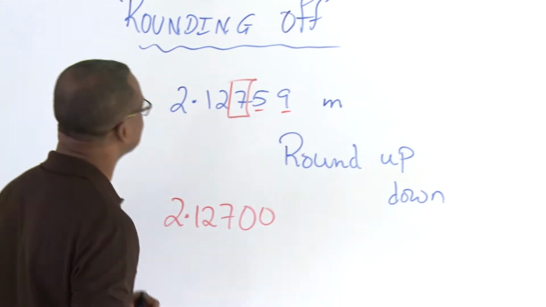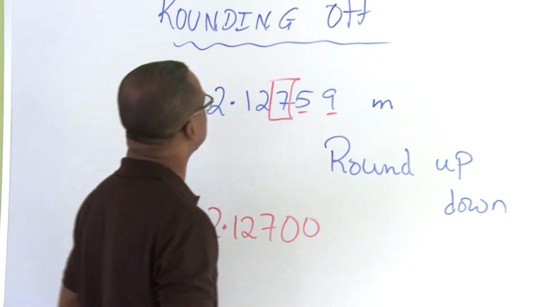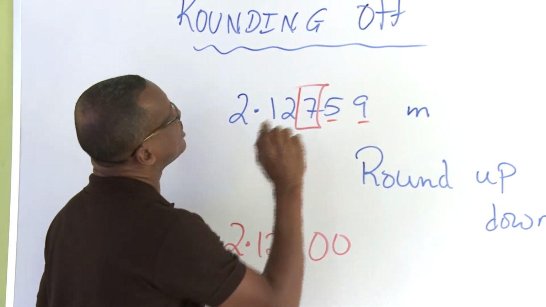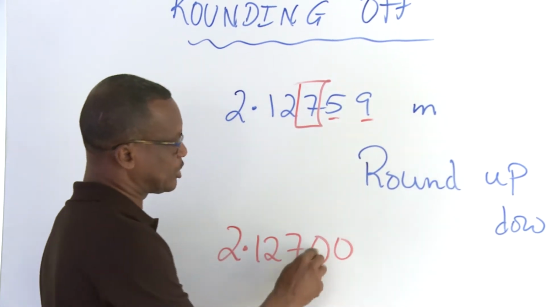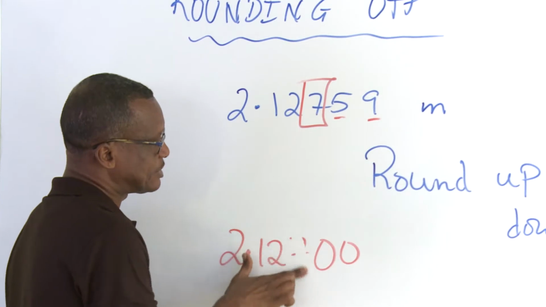So in this case, the target digit was 7 because we wanted 3 decimal places. The number after it, which was turned into a 0, was a 5, so we need to add 1 to the target digit.